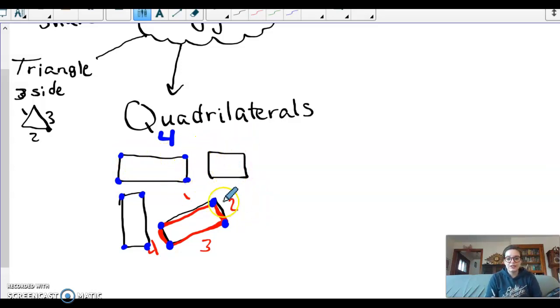Just making sure that our rectangles have 2 longer sides, 2 shorter sides, and squares are going to have as equal of sides as we can give them.